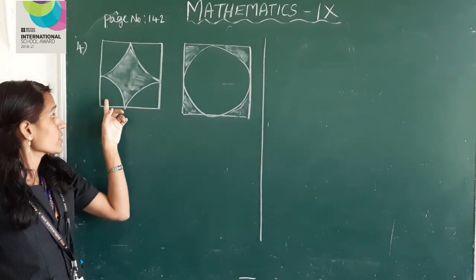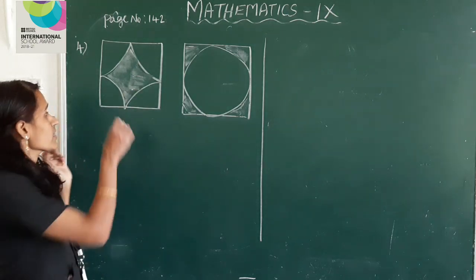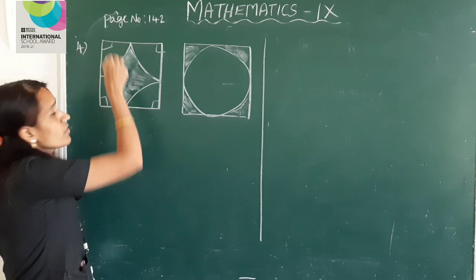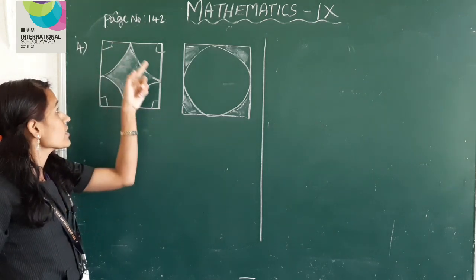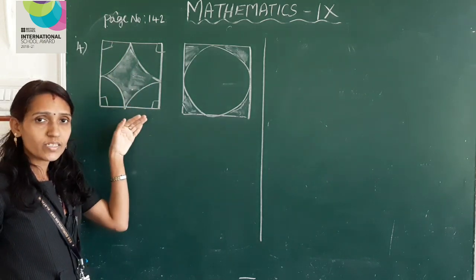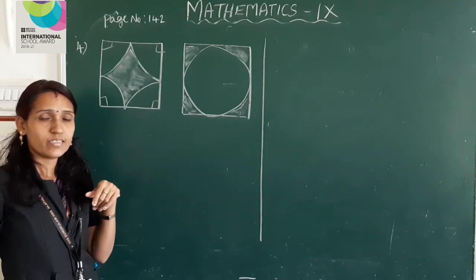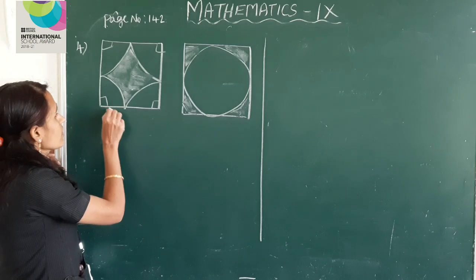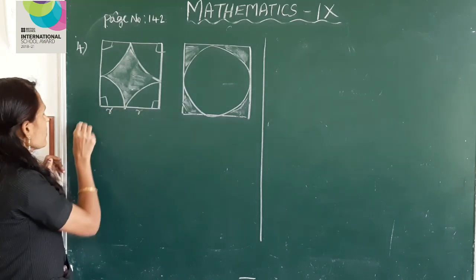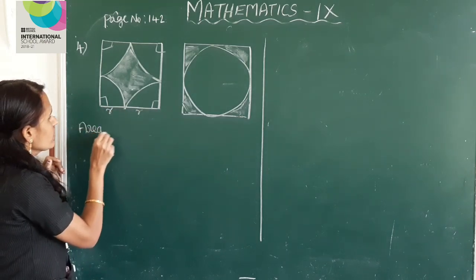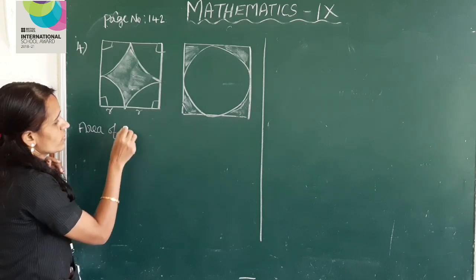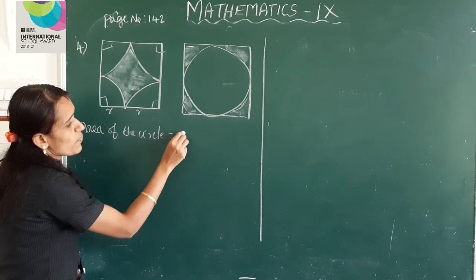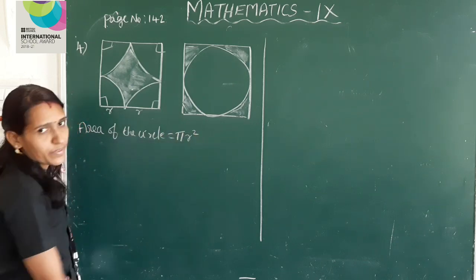These sectors, its central angle is 90 degree each. So, these sectors together make a circle, right? If the radius is r, area of the circle is equal to pi r square.